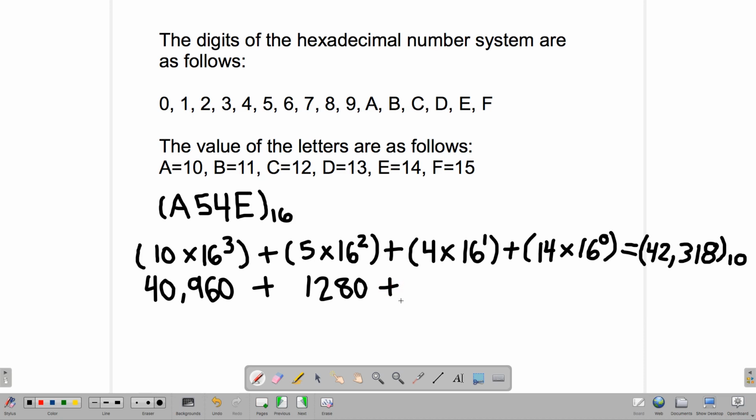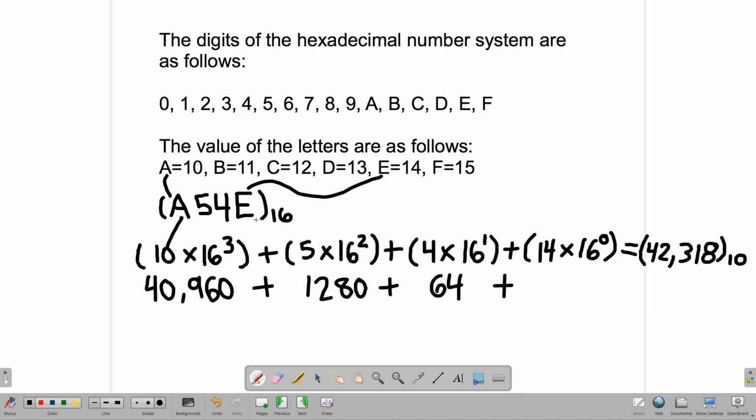And then when you multiply 4 times 16 to the first power, it's pretty much 64. And of course, you're multiplying 14 because we said here the letter E is representing 14. Also, I meant to identify that A is representing 10 here, so that's why we're using 10 here.